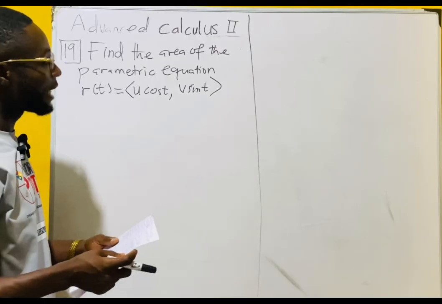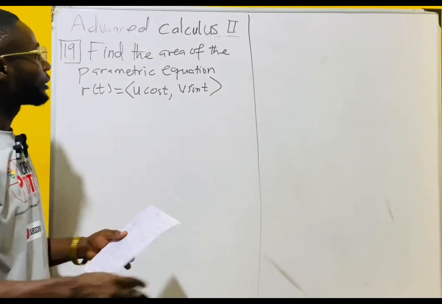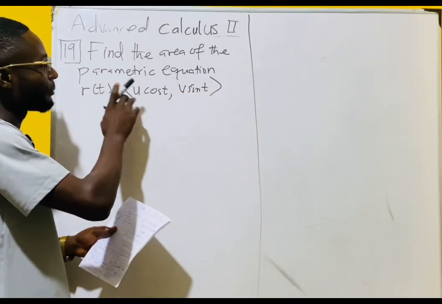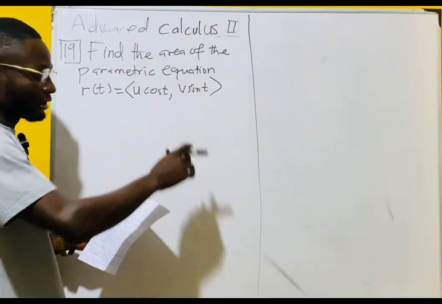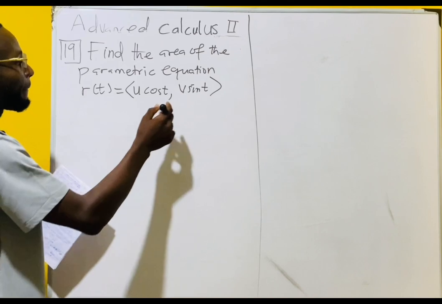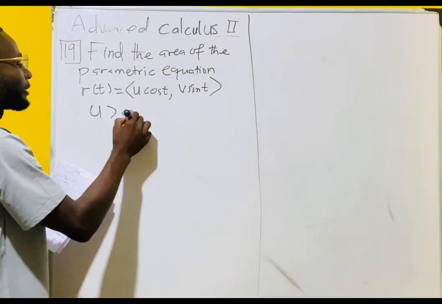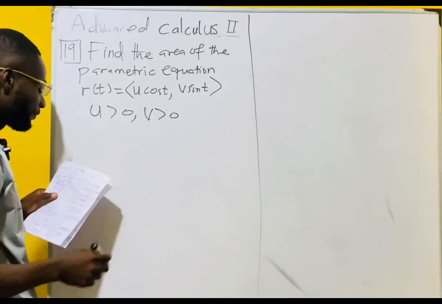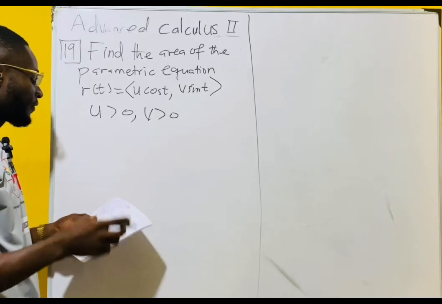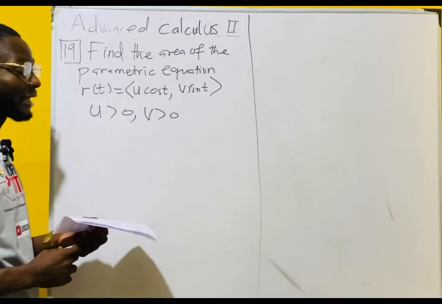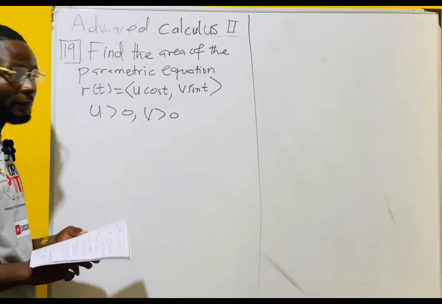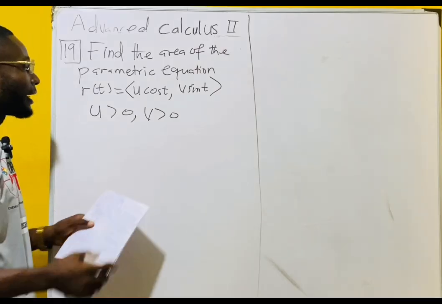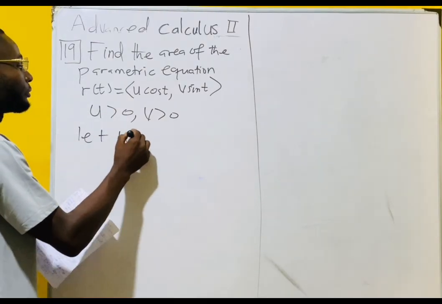For the area of the parametric equation for this vector function, where u is greater than 0 and v is also greater than 0, we have to follow these steps. First, we have to understand the curve type involved in this parametric equation. So let's say that u should be equal to what?